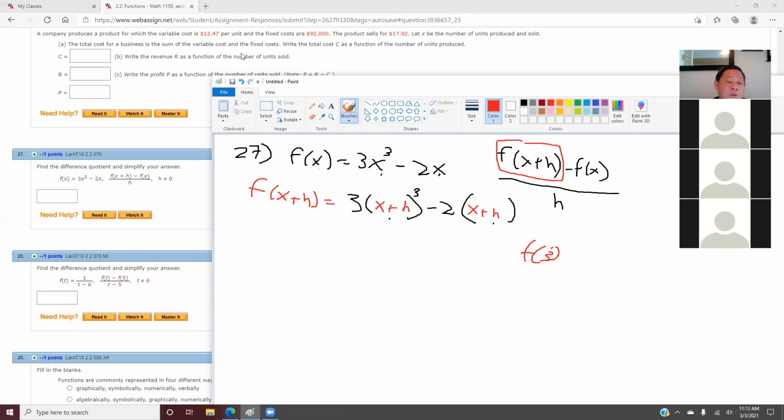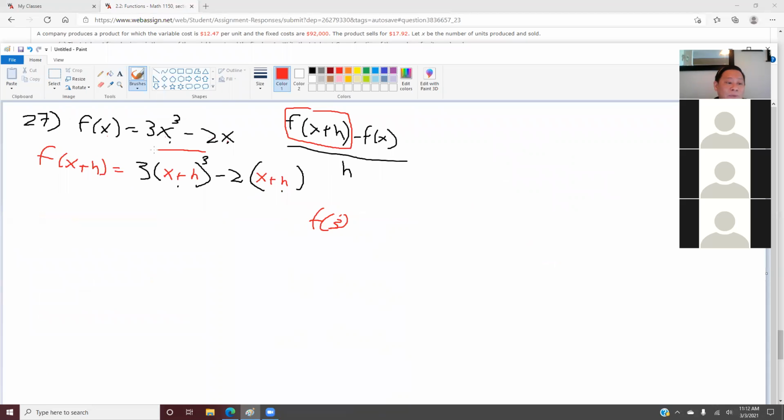So the first thing we need to do here is perform this first. This is the horrible one. Does anyone know how to do 3 times x plus h cubed? By order of operations, you have to do the cube first.